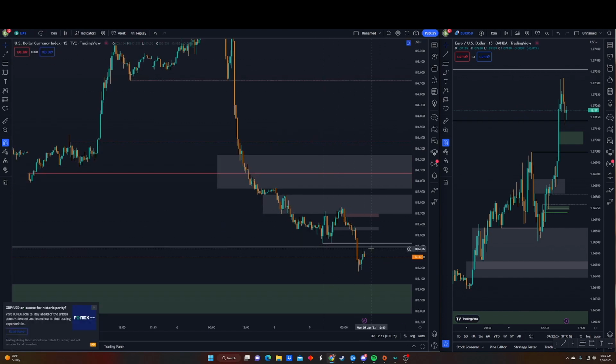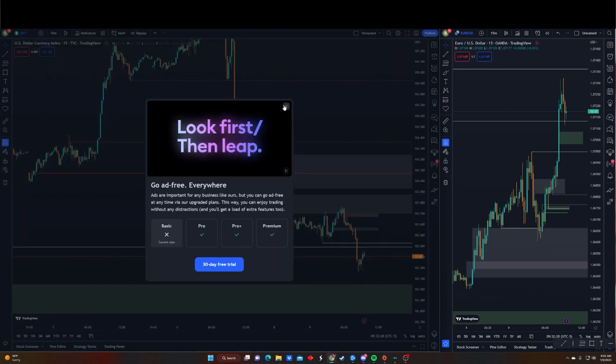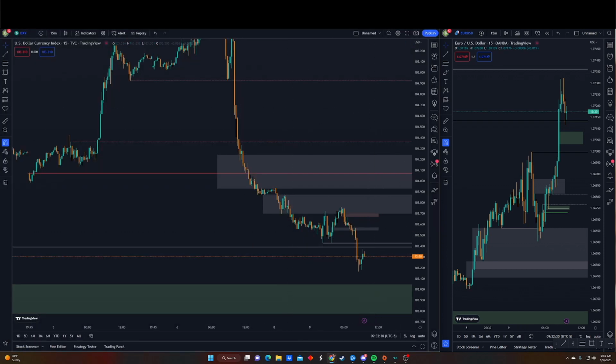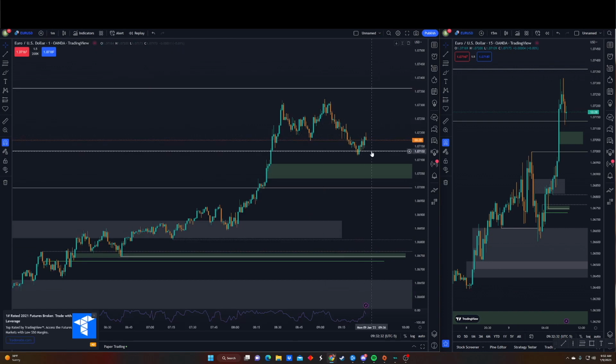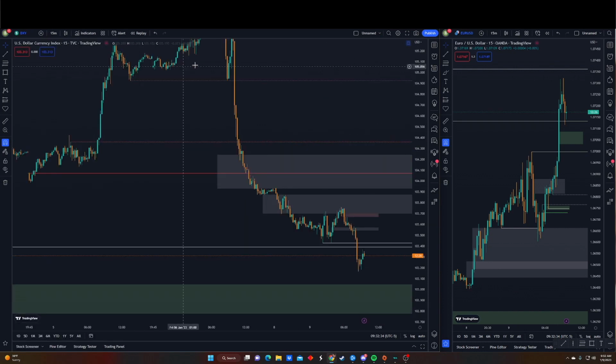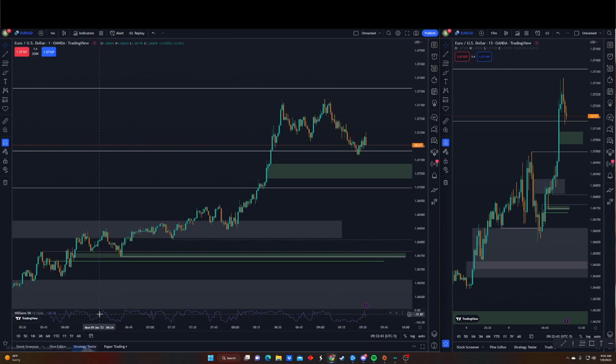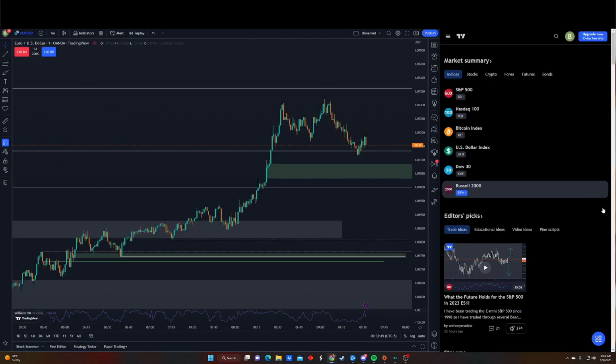Dollar never even got up to its old area of sell side, as opposed to euro, which did. Swept it. I don't know what that means. I just know that's what happened.